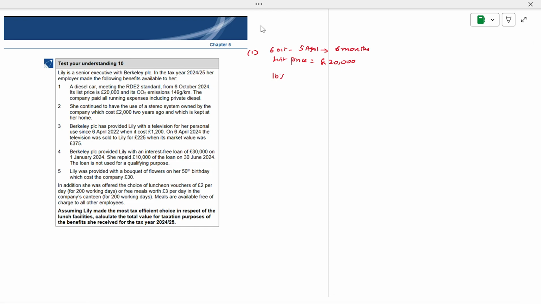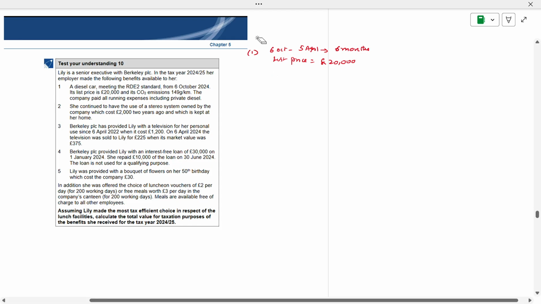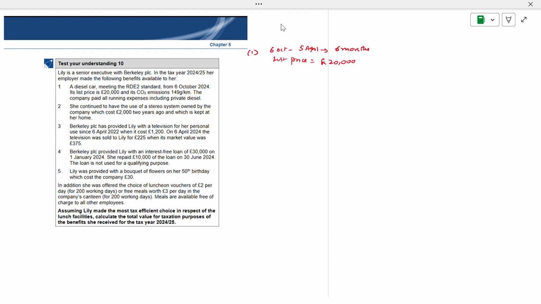Okay. If it is meeting RDE2 standards, how much do you have to take? Meeting RDE2 standards means it is 16% or 20%? 16.